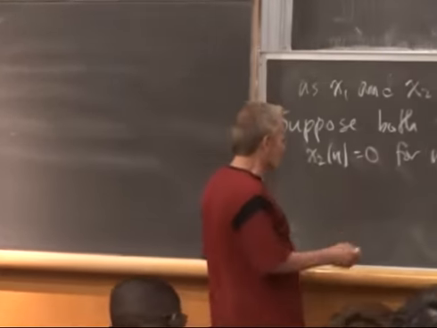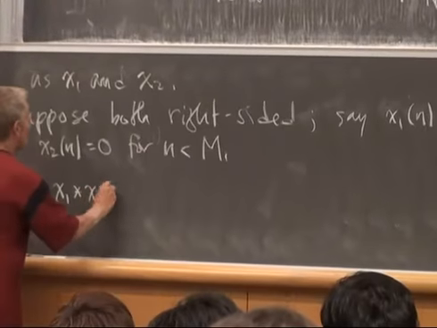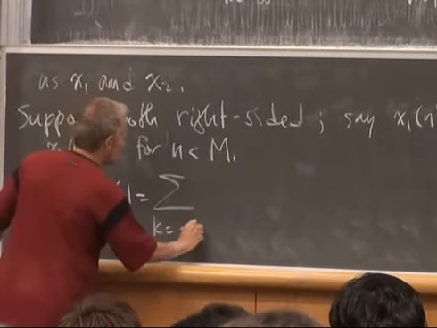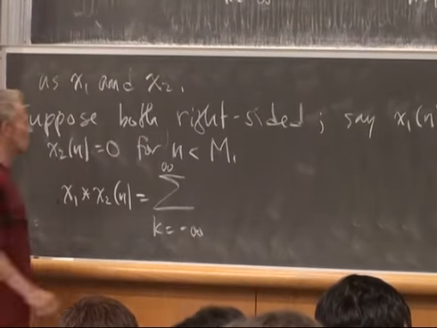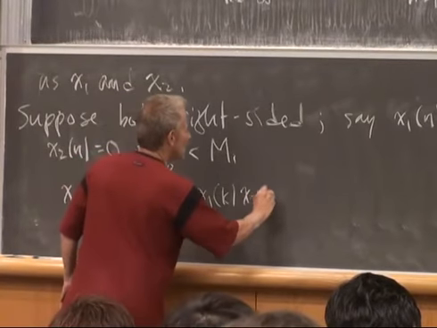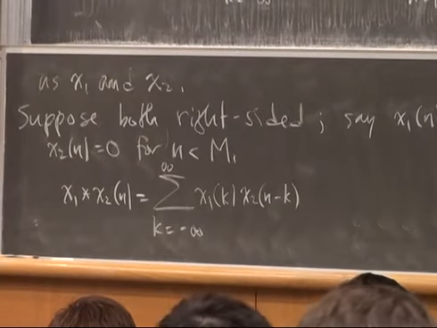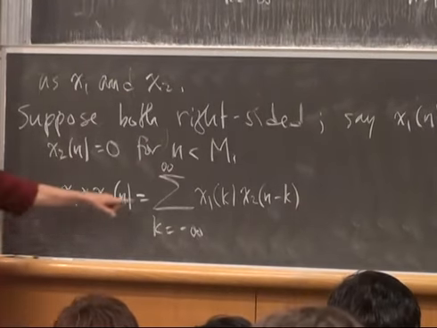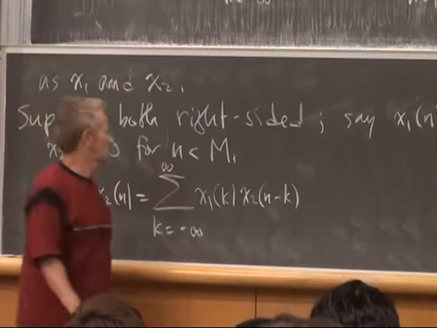So let's try to figure out x1 convolved with x2 of n. Again, we start off with the standard, ostensibly infinite in both directions sum, x1 of k, x2 of n minus k. The first step we can take is to use the fact that x1 doesn't turn on until time k equals N1.